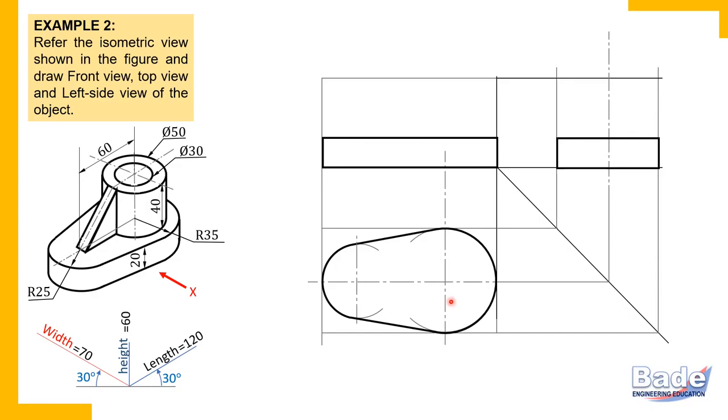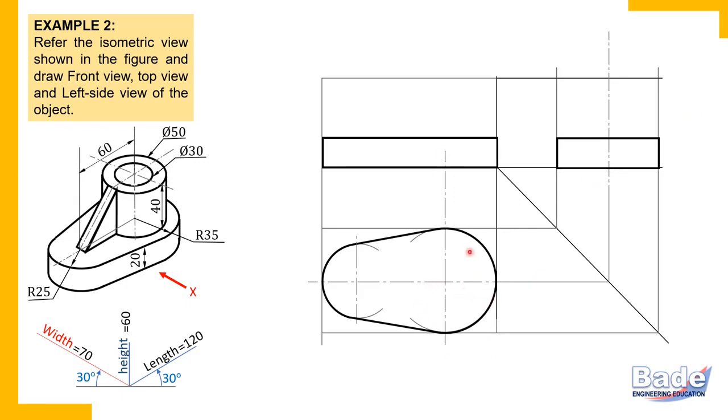Now, initially develop the habit, because that is the proper way to complete three views of an object, or when you want to draw two views of an object. Remember, construct the required views simultaneously. That's always better. Of course, once you have enough practice, if you think to complete the top view first, then front view, then side view, or first front view, then top view, then side view, no problem at all.